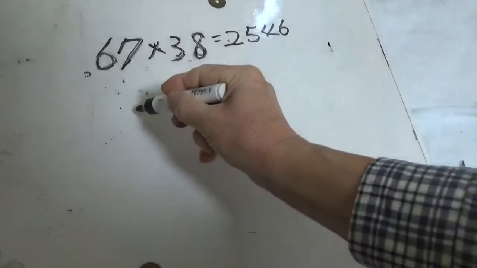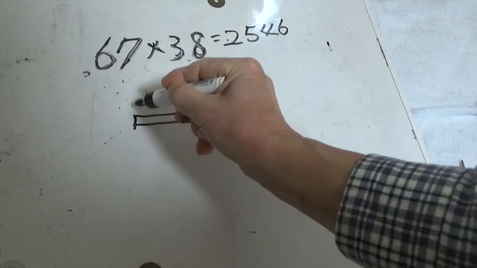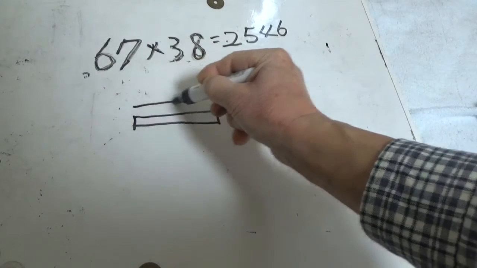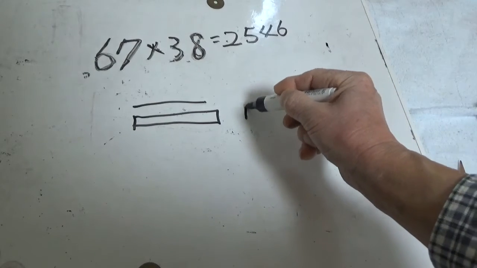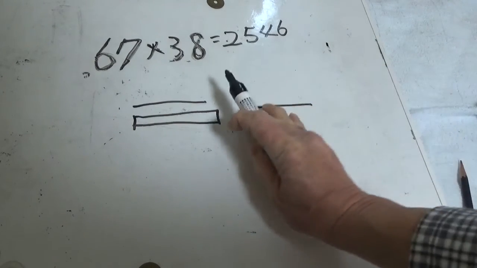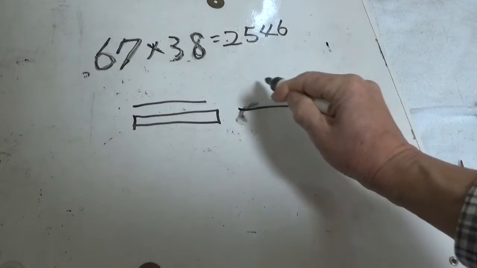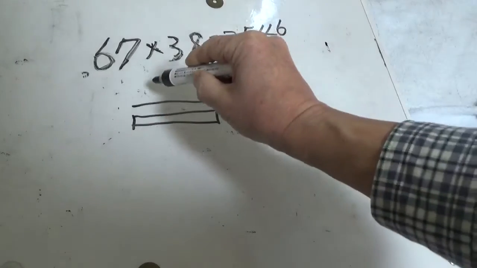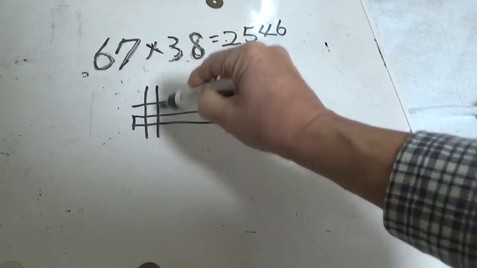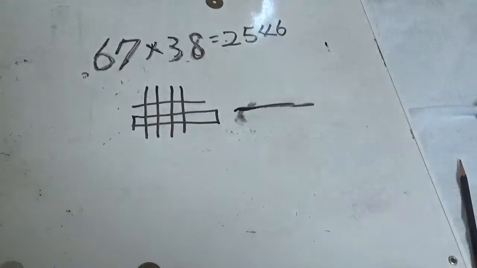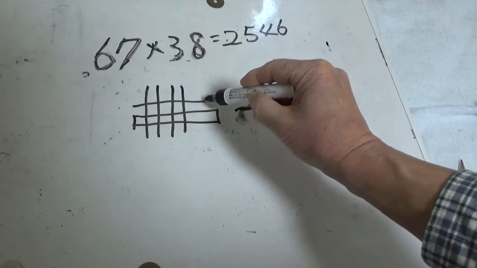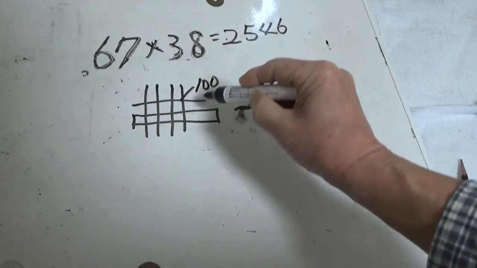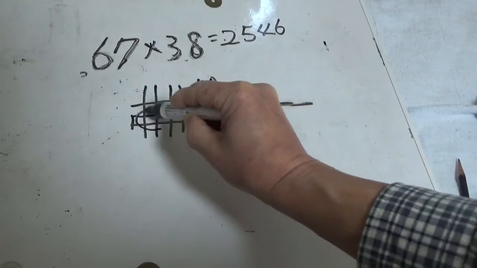67 is approximately 60, and 38 is approximately 40. Sorry, 60 and 40. This is 10 lines, and this is also 10 lines. It's 100 lines. So it is 1000.